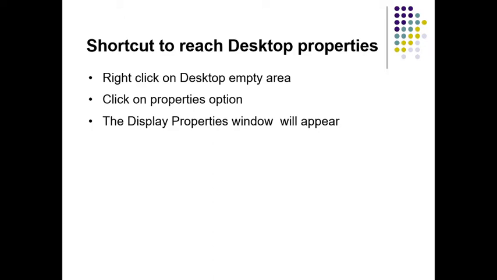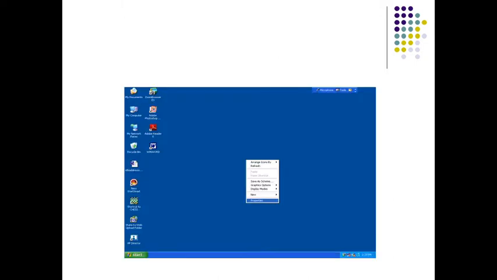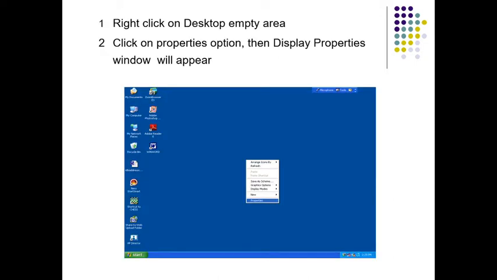Or you can right click on any part of the Windows desktop, anywhere, and a pop-up menu opens. There you select the display properties option, and then it displays the display properties window. Okay students, so this is how we can do it. You just right click on the desktop to open the pop-up menu. It is a shortcut menu where you have properties.